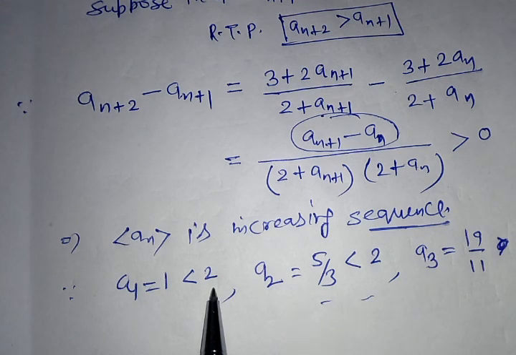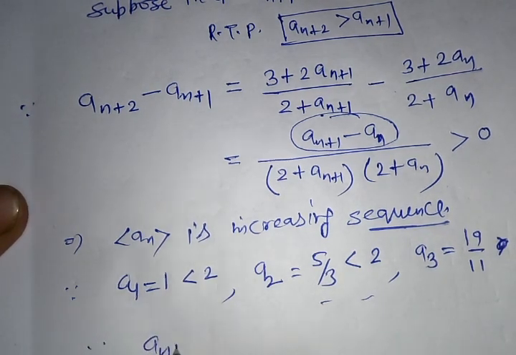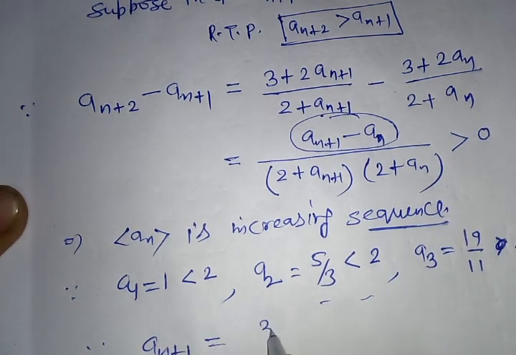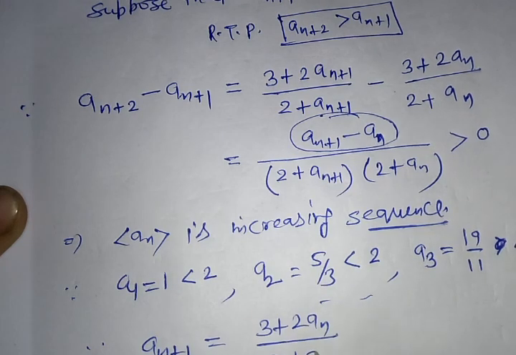Let, if possible, suppose, or we can write, since an plus 1 is equal to (3 plus 2an) upon (2 plus an).